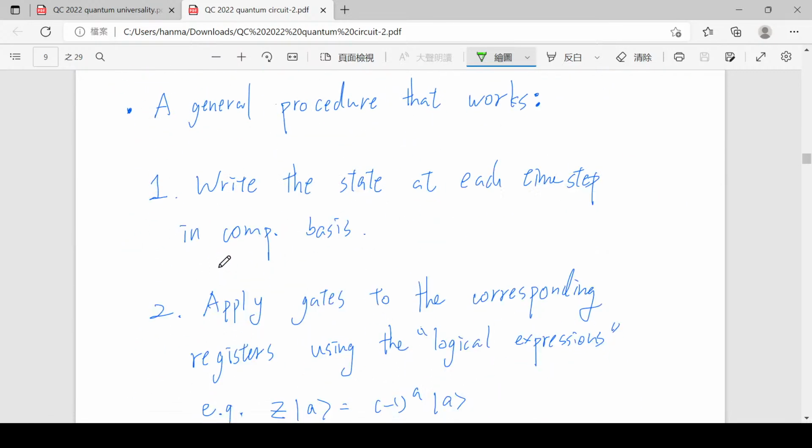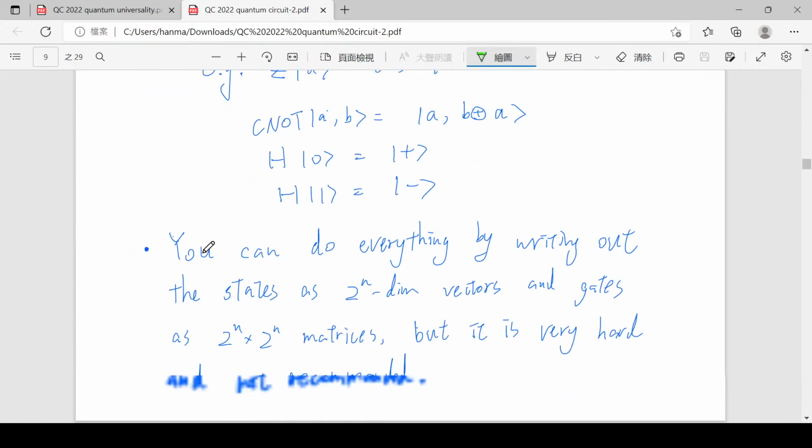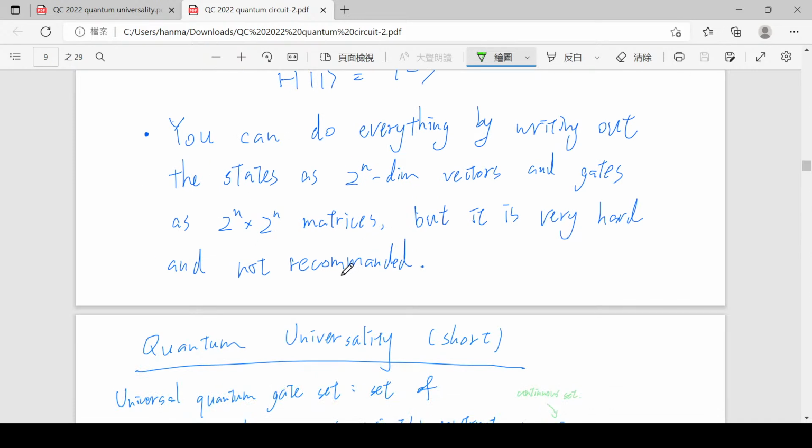And another way you can do this, and it's probably an exercise to try out but not very recommended in an exam, is writing out everything as 2^n by 2^n matrices when you try to apply a gate. This is how we define things, so it's nice to try it once or twice and see how things fundamentally work.